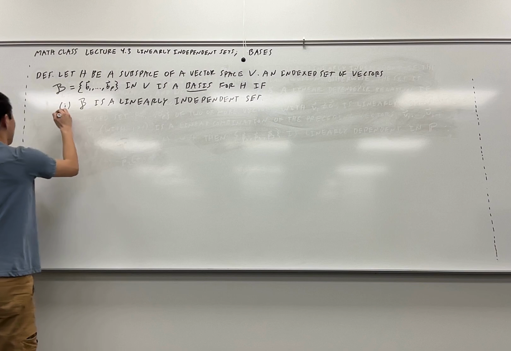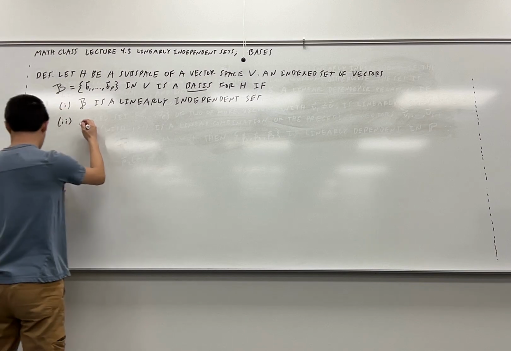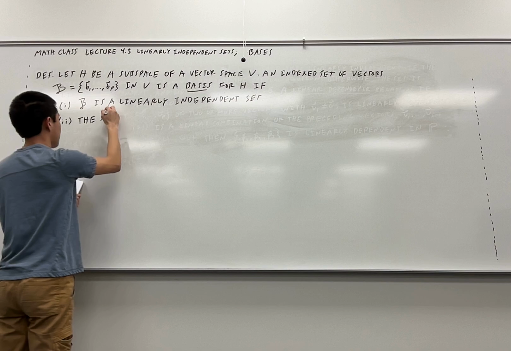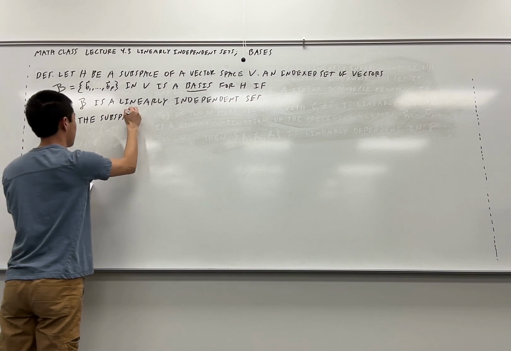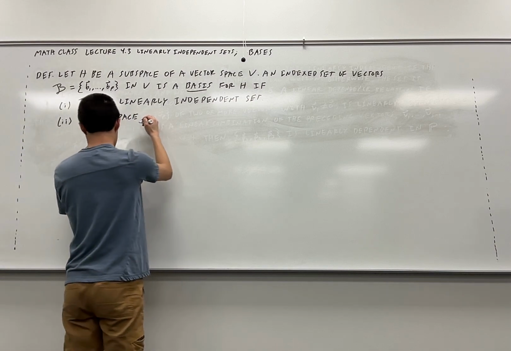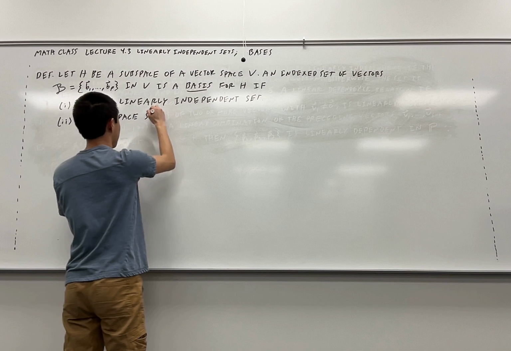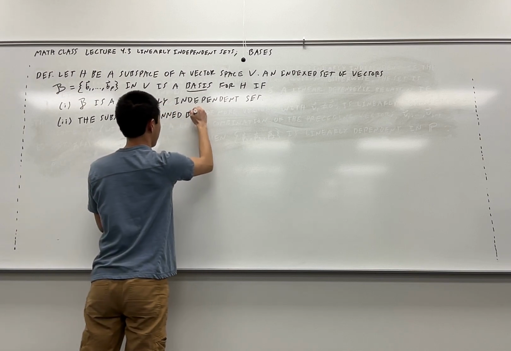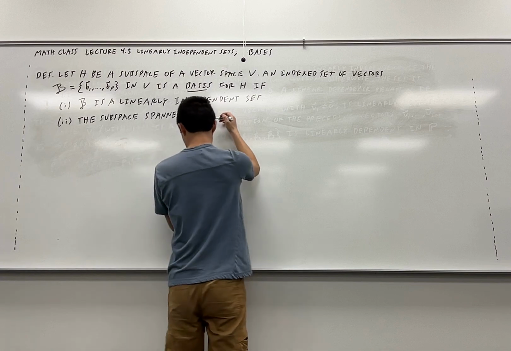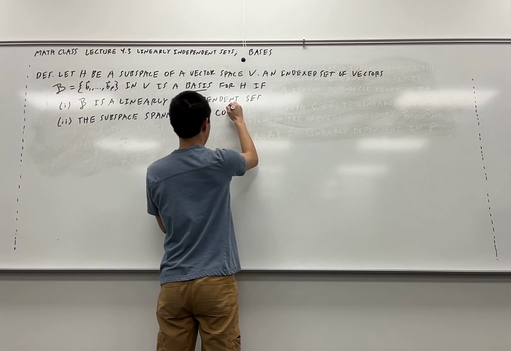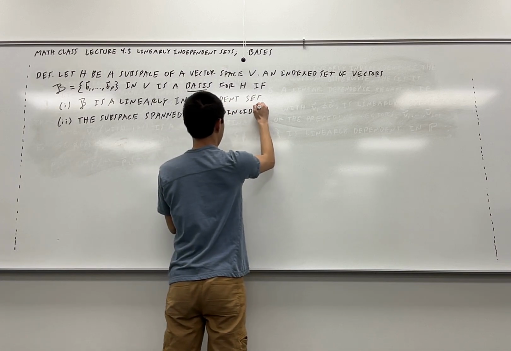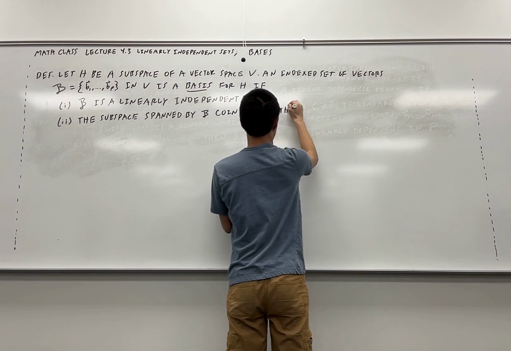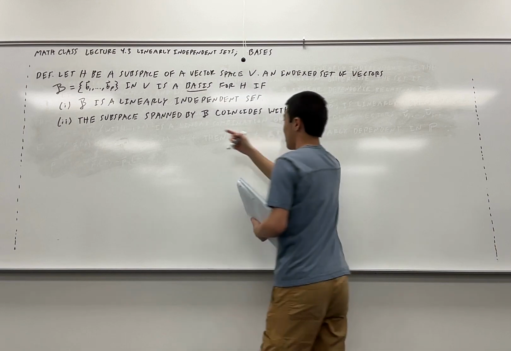The second property that we need is if the subspace spanned by B coincides with the subspace H. Now that's a lot of words.